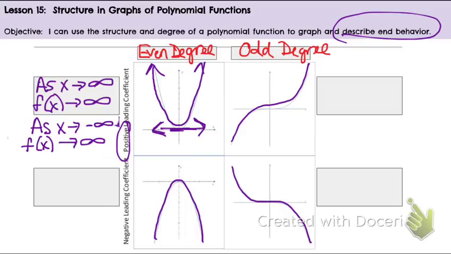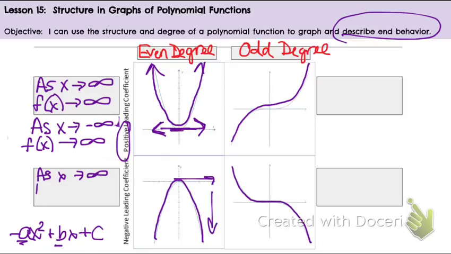For the negative leading coefficient, that would look like something like negative ax squared plus bx plus c. Okay, and a and b can be different numbers. As x goes to infinity this way, this graph is going down to negative infinity. F of x goes to negative infinity.